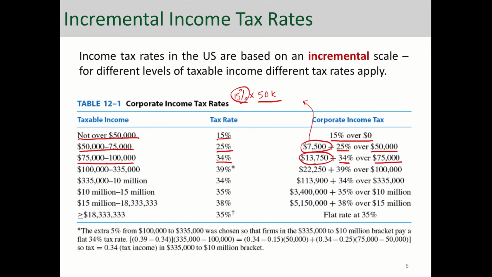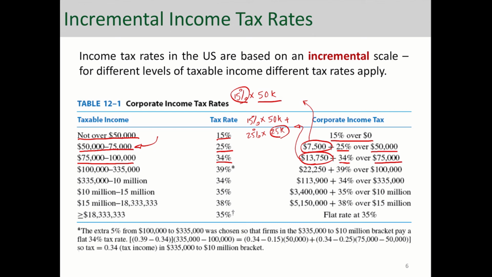Again, this $13,750 is coming from 15% times $50,000 plus 25% times $25,000. And that $25,000 is for this bracket between 50 and 75. And the same rule applies to the rest of this table.